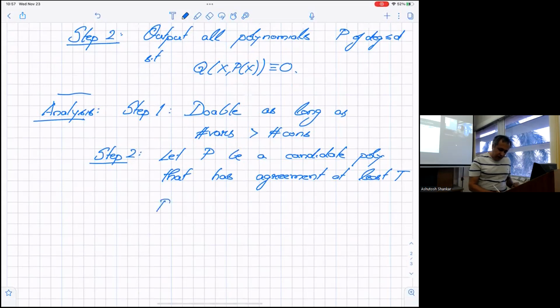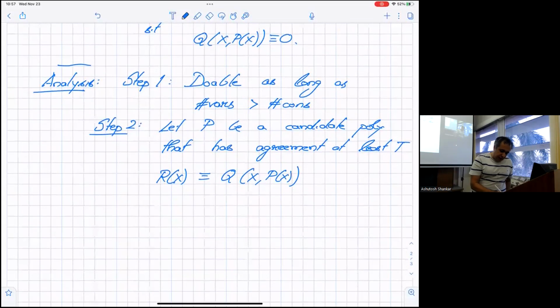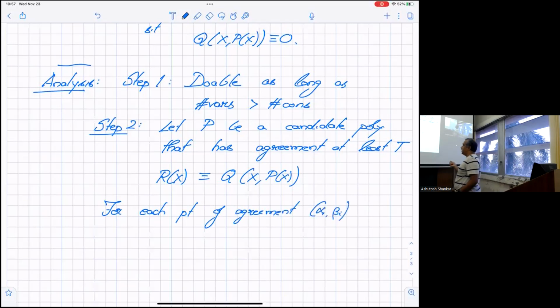Then let's define this univariate polynomial R of x. Let's define it to be Q of x comma P of x. What did we then notice? The way step one was set up, for each point of agreement alpha I, beta I, R had m roots at alpha.